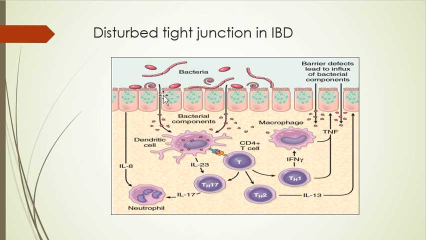But because of some disease or whatever cause, if the tight junctions are disrupted, the cells are not adherent to each other. Because of this disruption, there is space between cells, and the bacteria and pathogens can invade easily and start immune reactions, which can lead to inflammation or anaphylaxis.